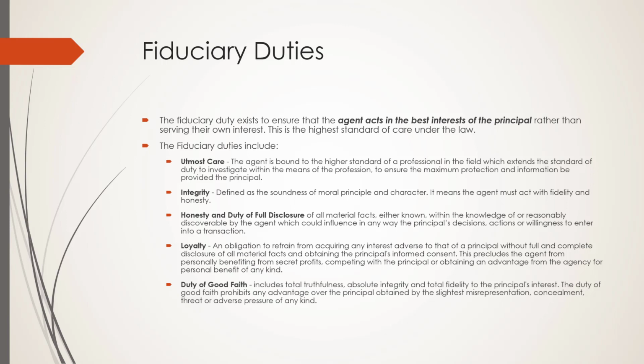This prohibits any advantage over the principal obtained by the slightest misrepresentation, concealment, threat, or adverse pressure of any kind. So what you should take from this is that the fiduciary has as an obligation under the law the duty to serve in the absolute best interests of the client regardless of their own interests.